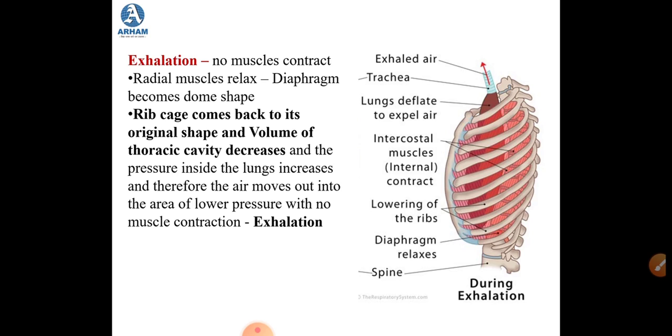As the volume decreases, the pressure inside the lungs increases, so the pressure has to be released outside. The air from the lungs, from the higher pressure, moves out to the area of lower pressure, without any muscle contraction. This process is known as exhalation.